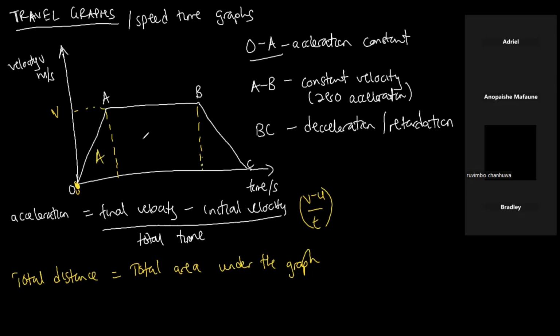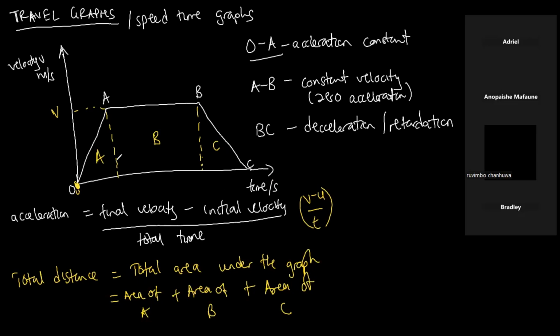So you can say this is shape A, and then this is shape B, and then this is shape C. So this is equal to area of A plus area of B plus area of C.